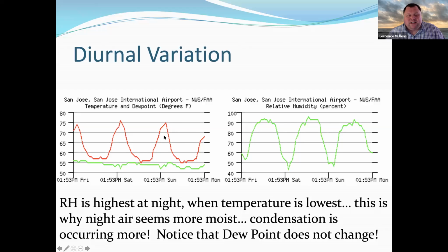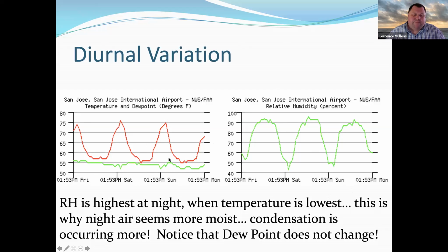And if you notice, they are almost exactly mirror images of each other. This relative humidity graph over here is almost the temperature graph perfectly flipped.